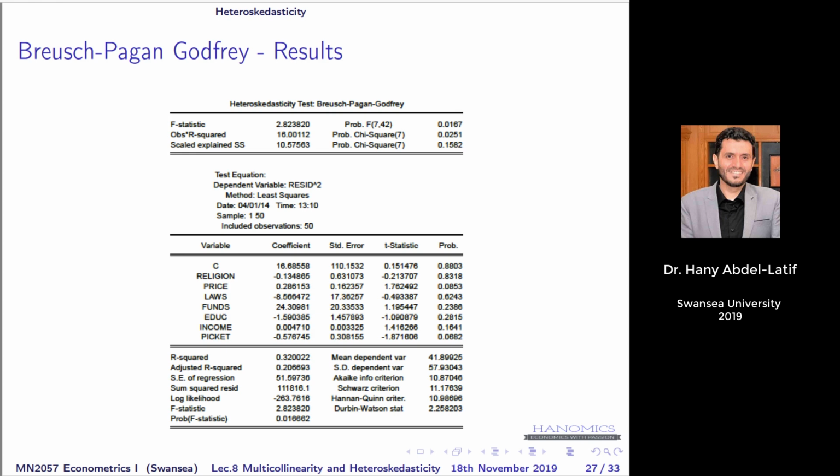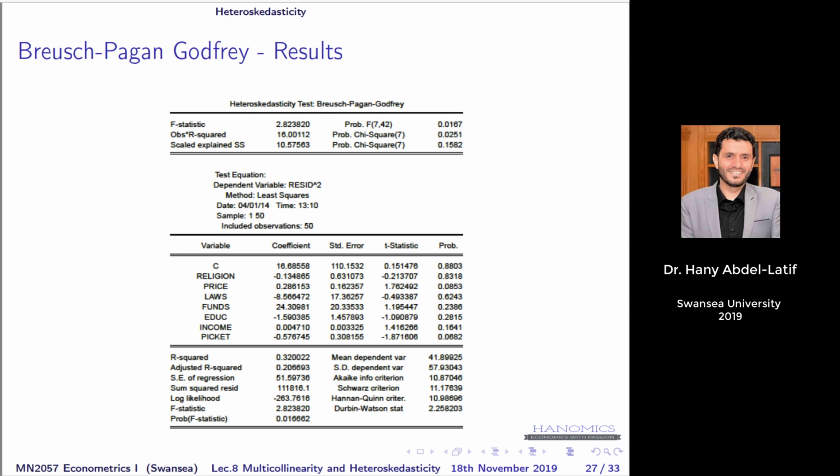If your test statistic, which is F here, is statistically significant, it means that you reject the null hypothesis. Rejecting the null hypothesis in the Breusch-Pagan test and the White test means that yes, you have heteroskedastic errors.